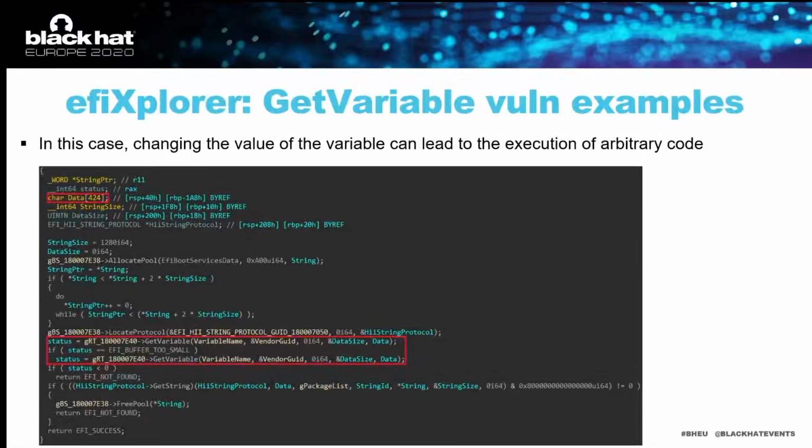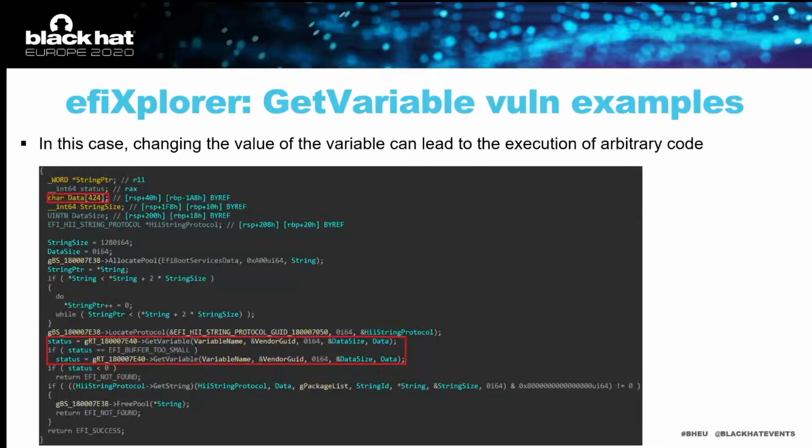This is an example of what could possibly happen. Well, not quite possibly. Sometimes this is what actually happens in the firmware, like in this case. There is a data variable, statically sized data on a stack, and there are two get variable calls.